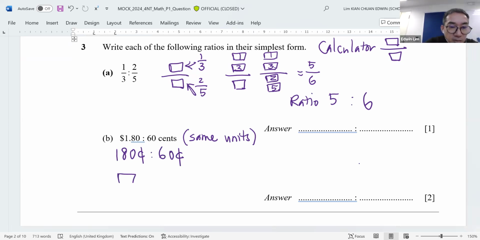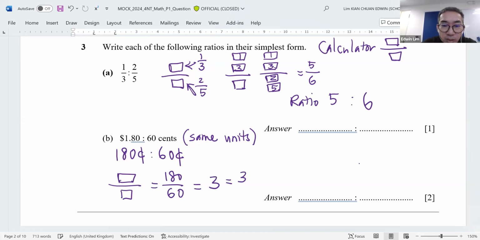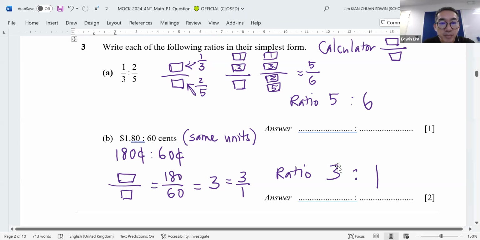Use the calculator, press in the calculator, 180 over 60, you will get 3. 3 is the same as 3 over 1. So in terms of ratio, the answer will be 3 is to 1. So this is the solution for question 3.